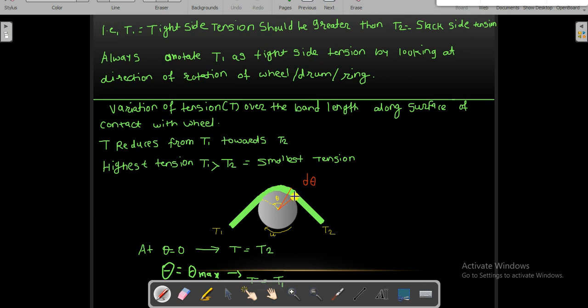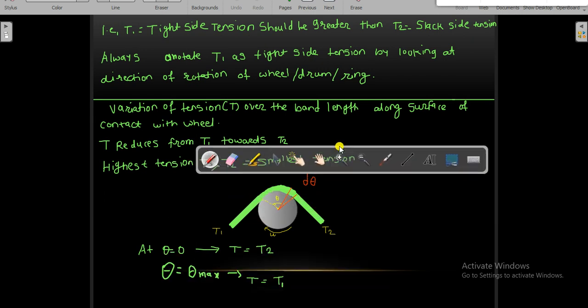So at the very right side end of the point of contact with the wheel, the band is making angle theta equal to 0. At that point tension will be T equal to T2, and at the extreme left end theta will be equal to theta max, and the tension at that point T will be equal to T1.